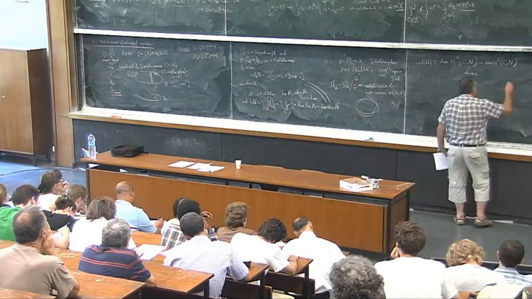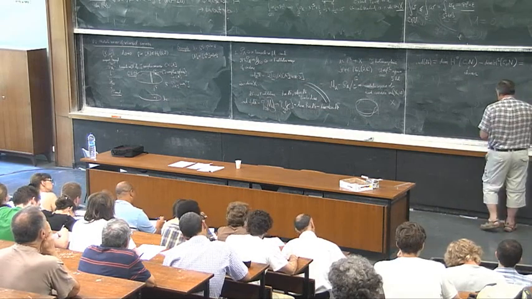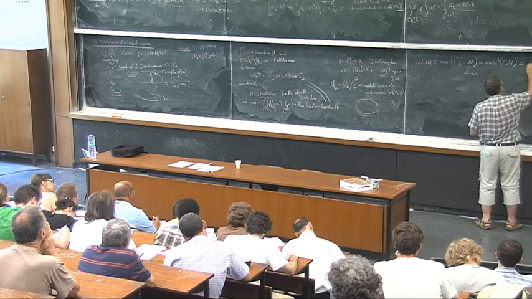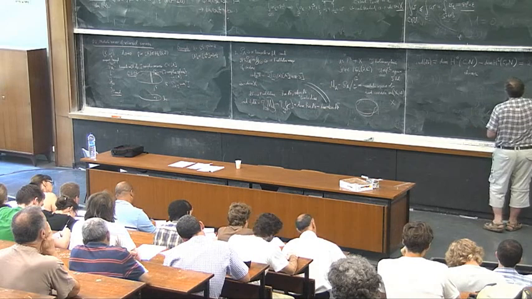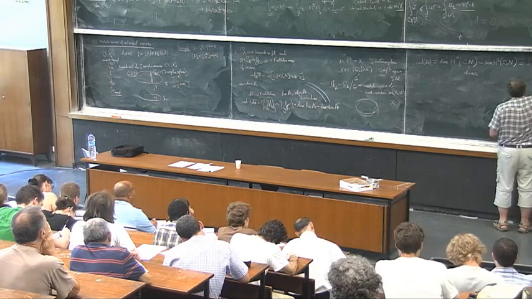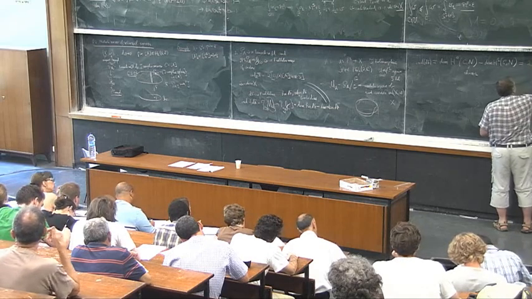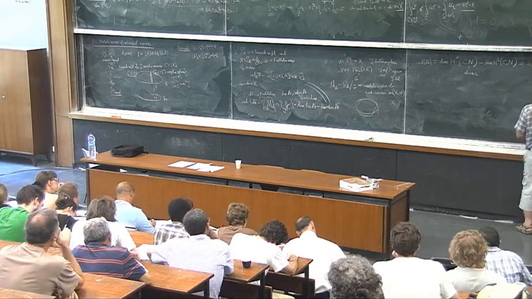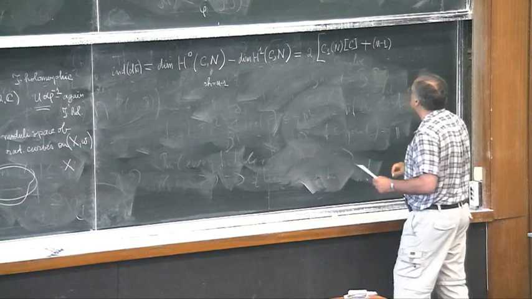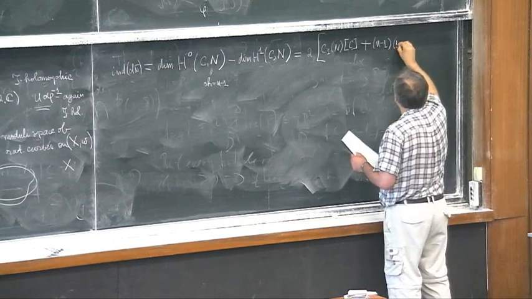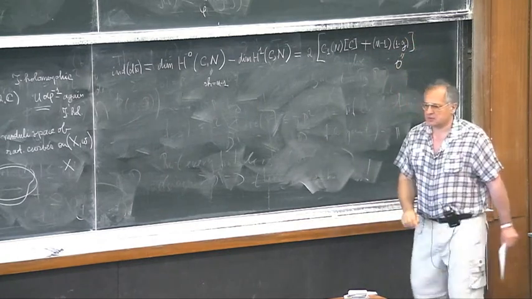Now, the Riemann-Roch theorem tells us that this is equal to 2 times the first Chern class of this normal bundle, evaluated on our curve C, plus the rank of the bundle, which is n minus 1, times 1 minus the genus of the curve. The genus is 0 in our case.